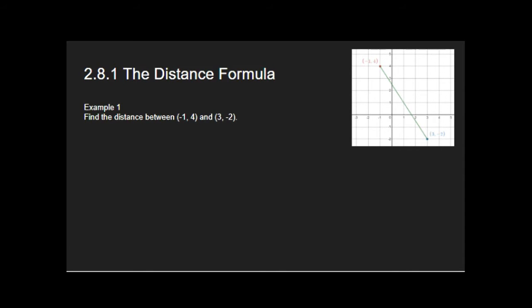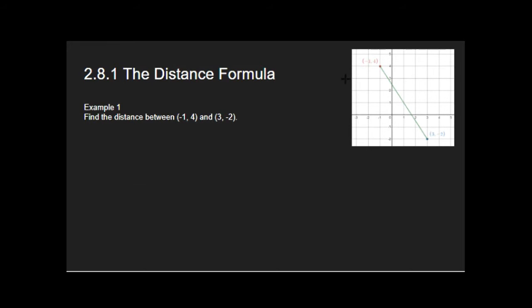Example 1. Find the distance between -1, 4 and 3, -2. And I've put a graph on here so that you can see what that looks like. Okay, so right here we have -1, 4 and here we have 3, -2, and we want to find the distance.